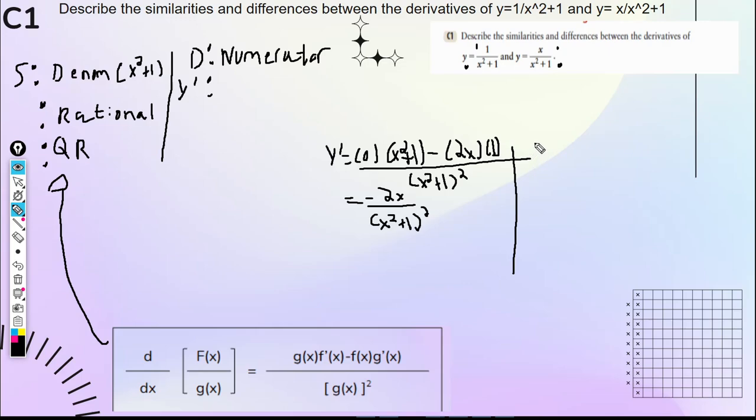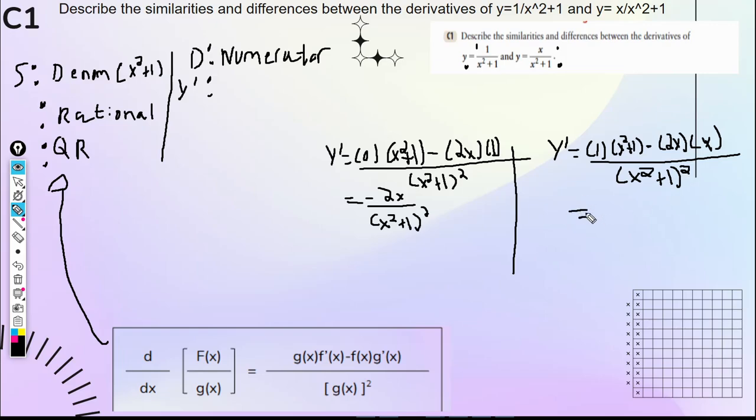Alright, so now we'll do the derivative for this. Y derivative equals 1 times x squared plus 1 minus the derivative of that, which would be 2x times x, over x squared plus 1 squared.